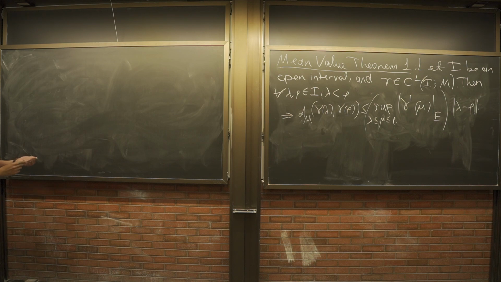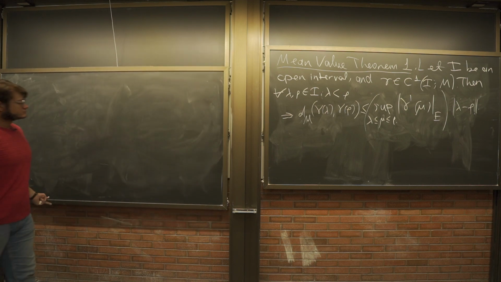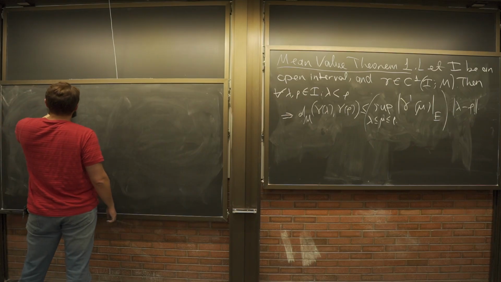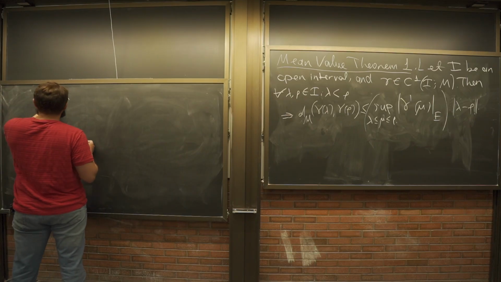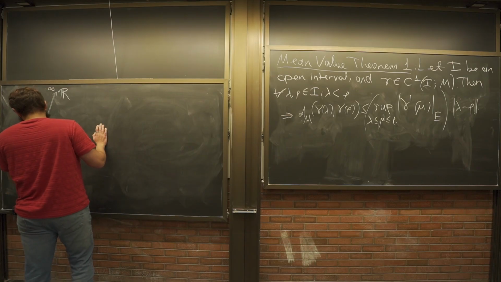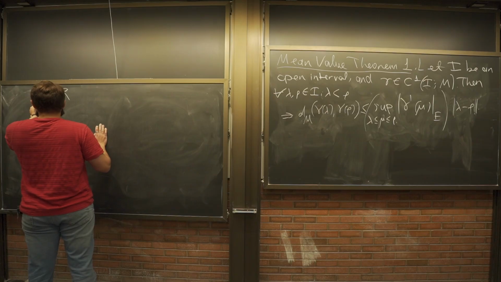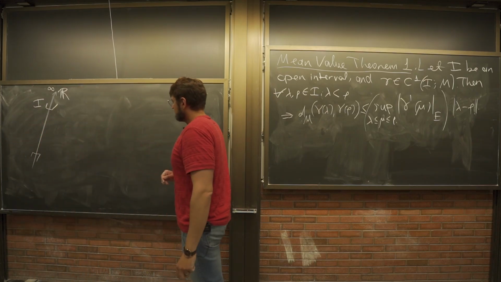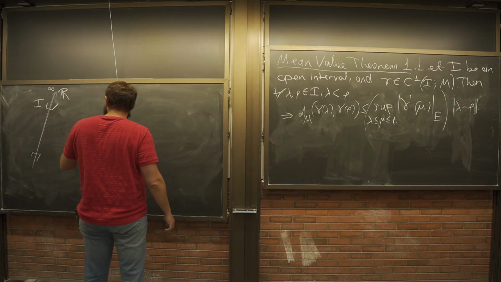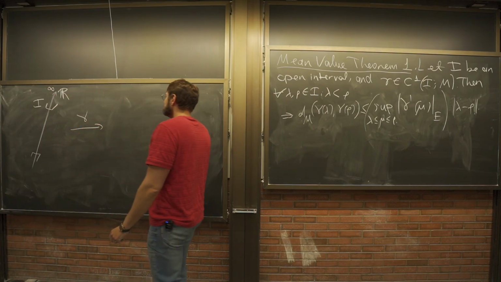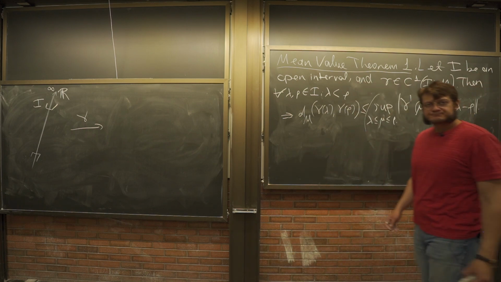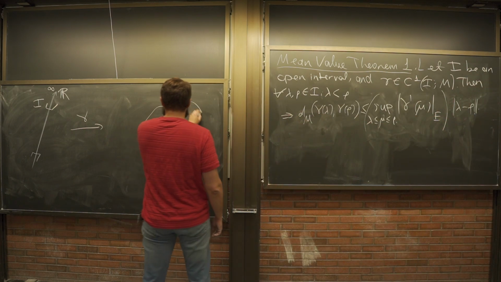And so here's the picture. I have here the real line. Let's say this is plus infinity. And somewhere here is this open interval I. You see the endpoints are open. And from here, I have a function gamma. It takes values in this open set M. So it's a blob.